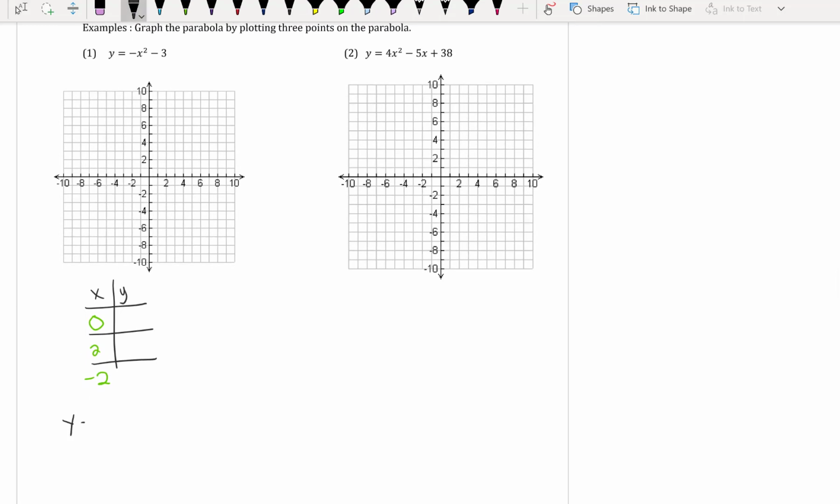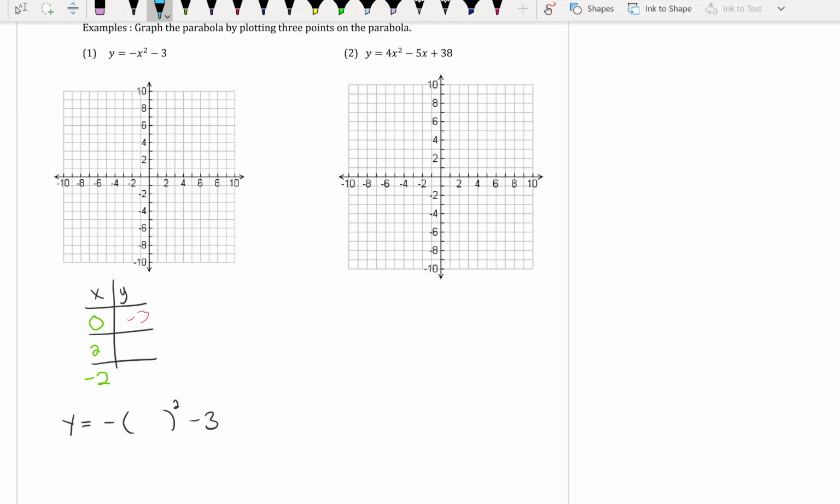So we have y is equal to negative x squared minus 3. So let's see what happens when we plug in a 0. Well, when I plug in a 0, 0 squared is just 0. Minus 3 is -3. So I have 0, -3.